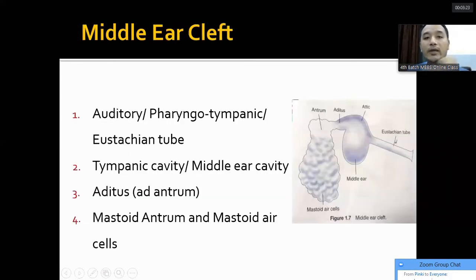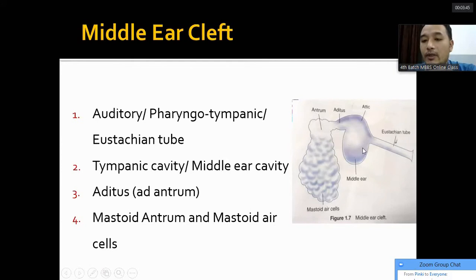Now, the middle ear cleft. When we talk about the middle ear, we talk about the middle ear cleft as a whole. The middle ear cleft consists of, first, the Eustachian tube, also called the auditory tube or pharyngotympanic tube, and the tympanic cavity or middle ear cavity.